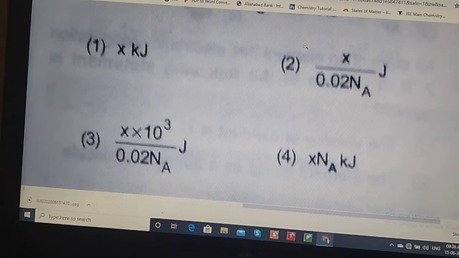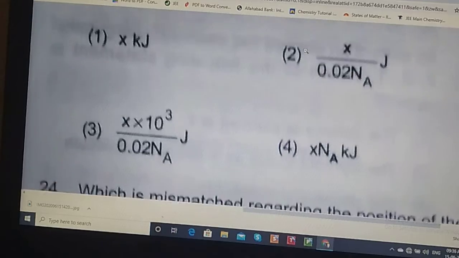Here, student, this is the direct formula. For ionization enthalpy, we will go to atomic structure, where we will study this also. Options first, second and fourth are wrong, student. The correct answer is option number 3. We will study that in atomic structure, but it is a formula that you can also memorize.